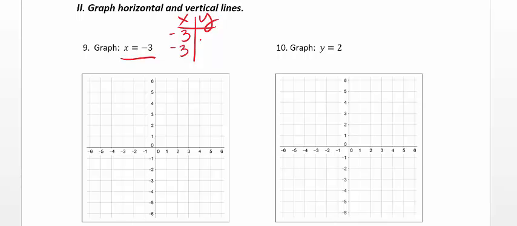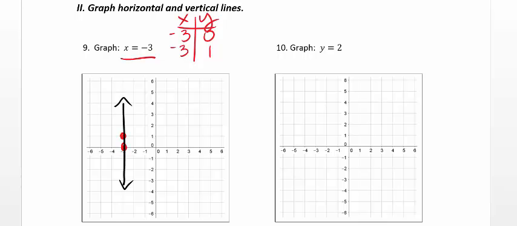So I'm just going to plug in a 0 and a 1 for y. So when I graph those points, I get -3, 0 here and -3, 1 here, and I can go ahead and connect those and graph the line.